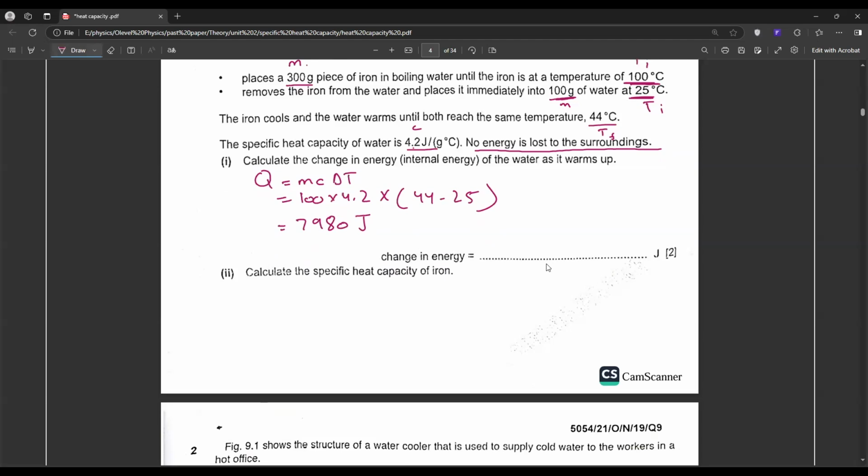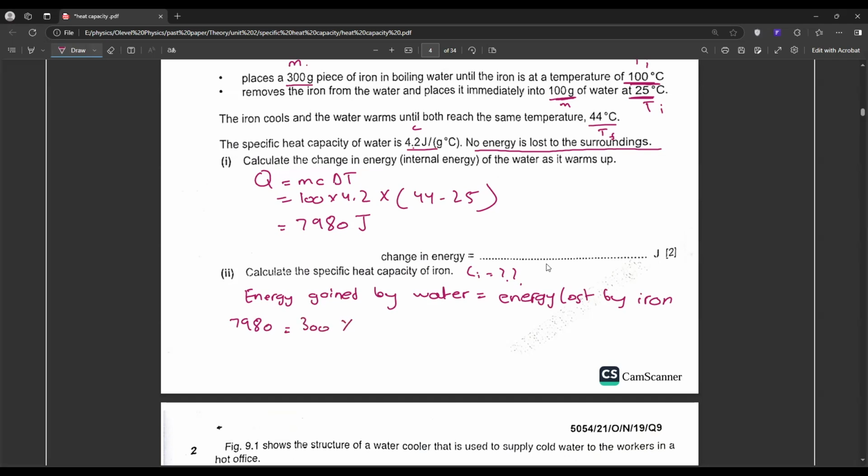Calculate the specific heat capacity of iron. So first of all, what will you say? The energy gained by water is equals to energy lost by iron. What was the energy gained by water? 7980. What was your mass of iron? 300 grams.